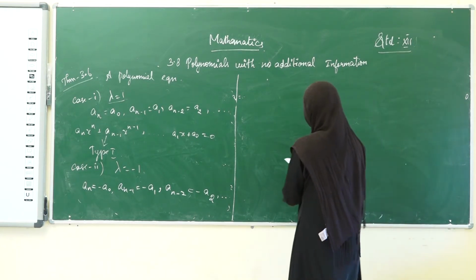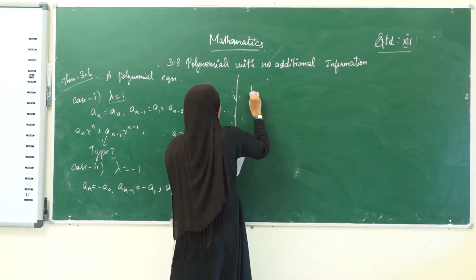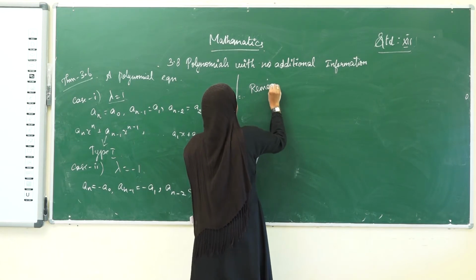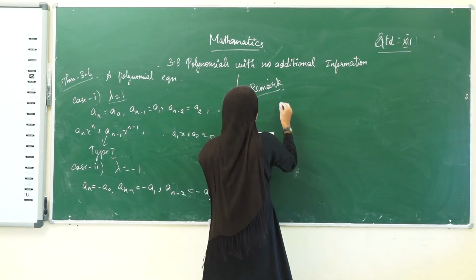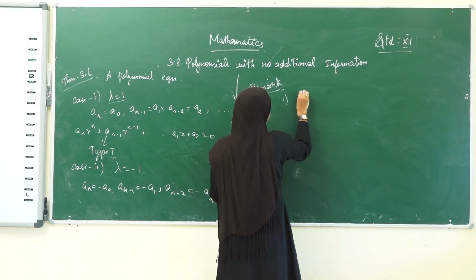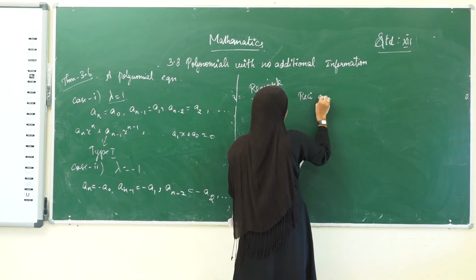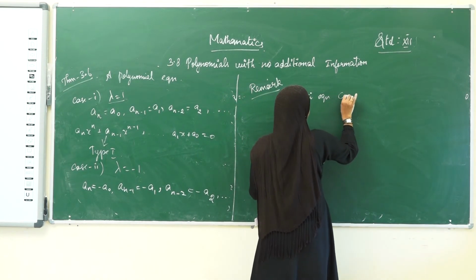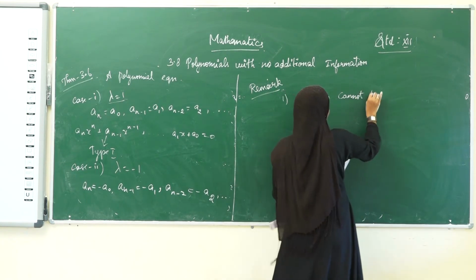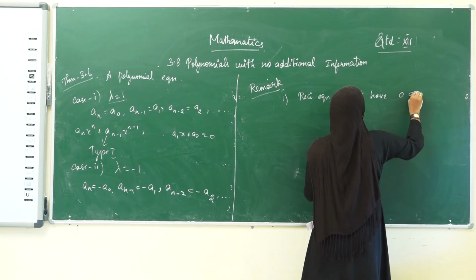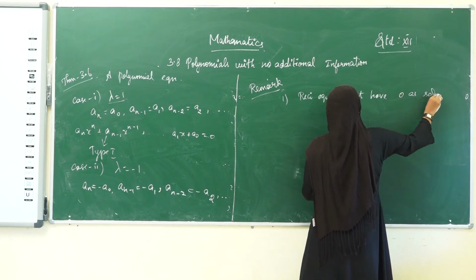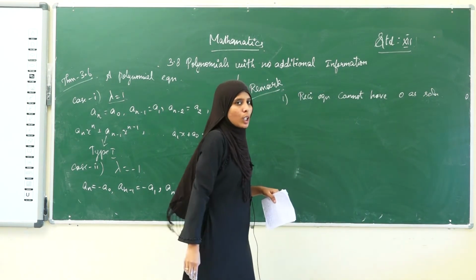Now they have given some remarks which will be very useful for you to solve the equations. The first remark is that a reciprocal equation cannot have zero as a root or solution.